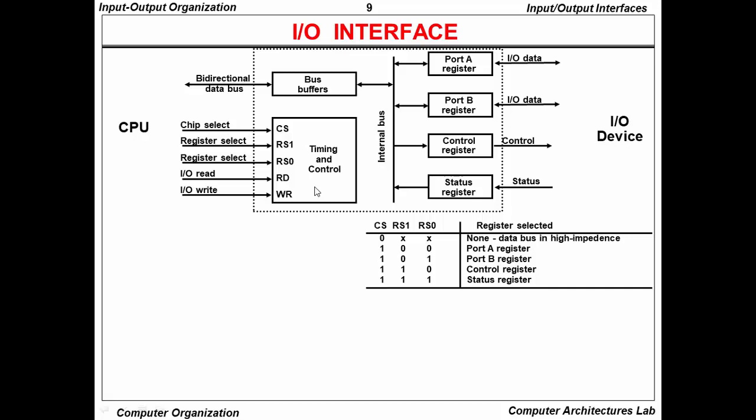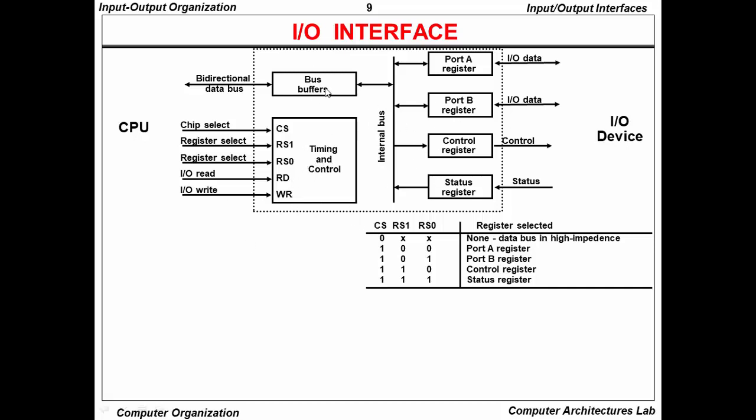It provides some synchronization mechanism when there is an IO transfer available. It has timing and control signals, such as CS, RS1, RS2, and read and write control, where different operations are going to be performed. The read and write signals are there for the internal registers.